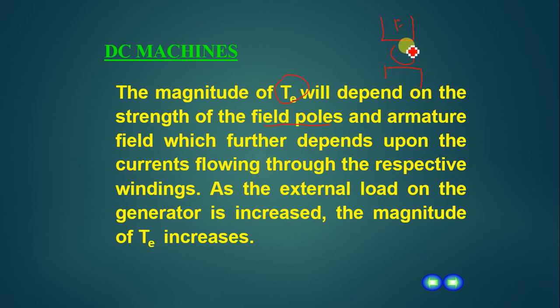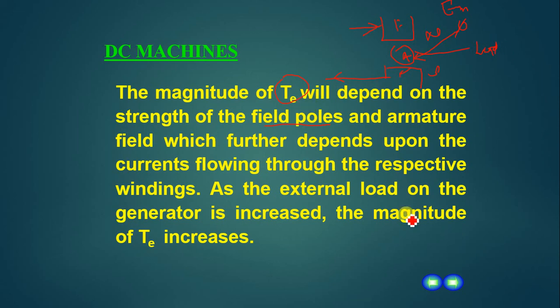You have the armature here, and field coils on both sides, N and S. If more current flows through this, because it is connected to an external supply, it is basically an electromagnet. This magnet will produce flux phi, which is induced into the armature, and the armature will be connected to your load. This is what was told in the very first slide.